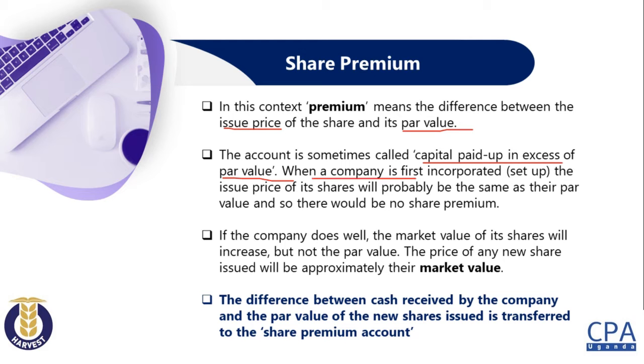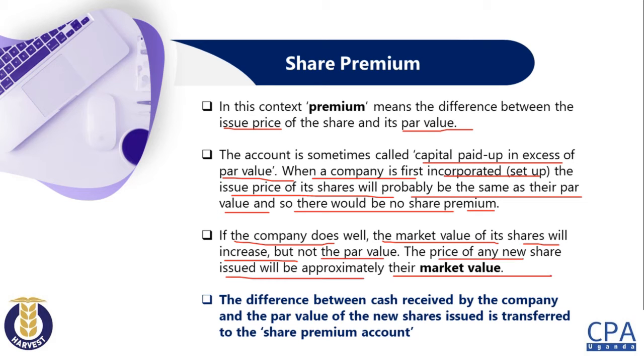And of course, when a company is first incorporated or set up, the issue price of its shares will probably be the same as the par value, and therefore there would be no share premium at that point in time. As I mentioned, if a company continues to do well, especially if it is making profits, the market value of its shares will increase, but not the par value.